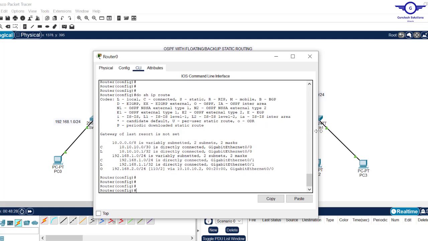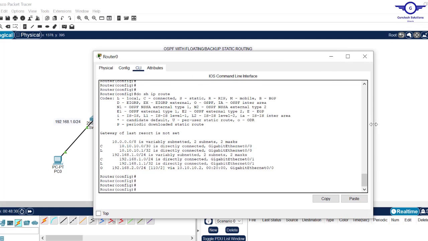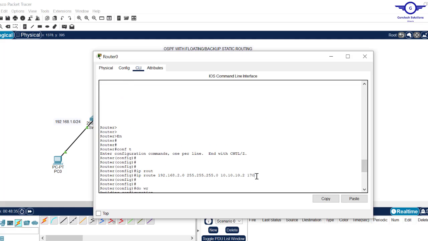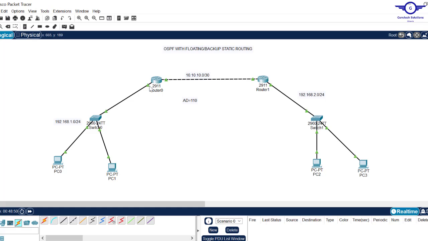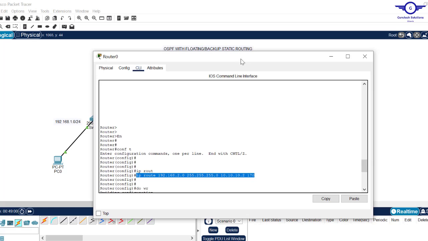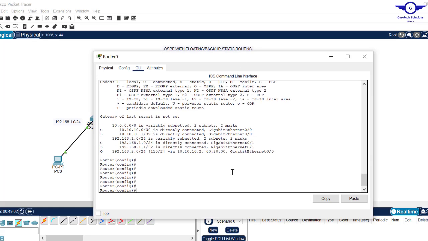So currently, when you say do show IP route, let me explain the 10. When this router wants to forward a packet to this destination network, we are telling it to forward it to the next hop.